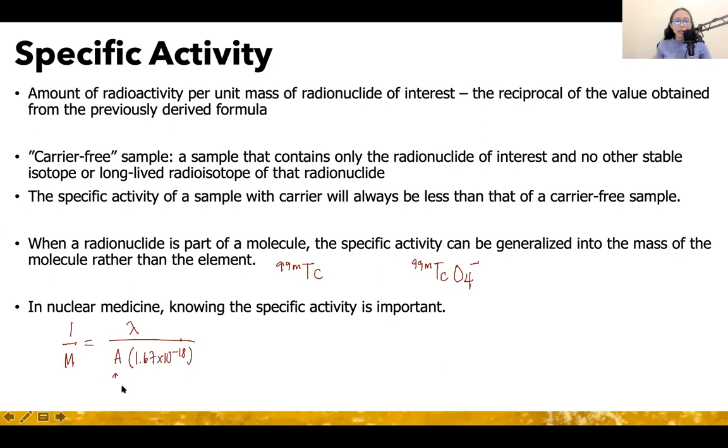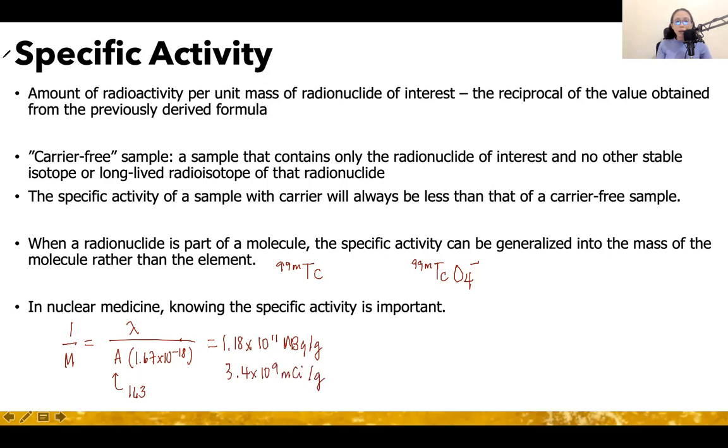So here, instead of 99, we substitute this with 163, which is the approximate molecular weight of pertechnetate. So the specific activity of a 1 megabecquerel sample of pertechnetate is given as 1.18 times 10 raised to 11 millibecquerel per gram, or 3.4 times 10 raised to 9 millicurie per gram.